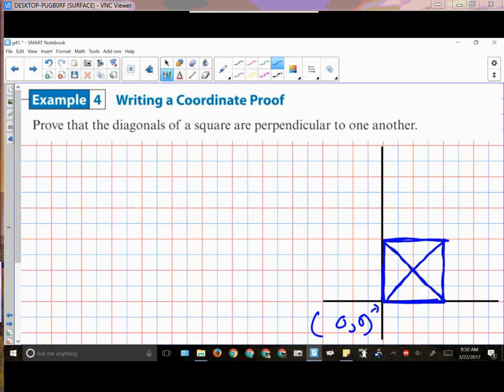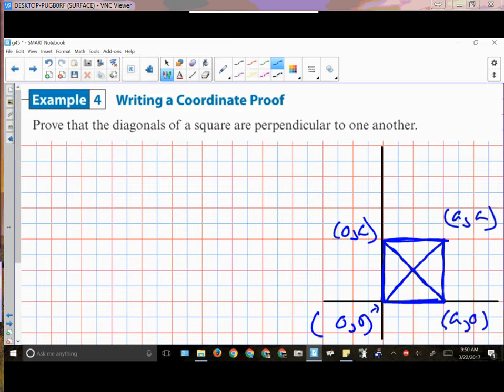Could, but I don't necessarily know what that means. So I would be better off calling this here A, comma 0. Okay, because I want a proof, I want to make it so that it's going to work with any length side. I don't want to use a number. So this would be A, comma A, and this one over here would be 0, comma A.